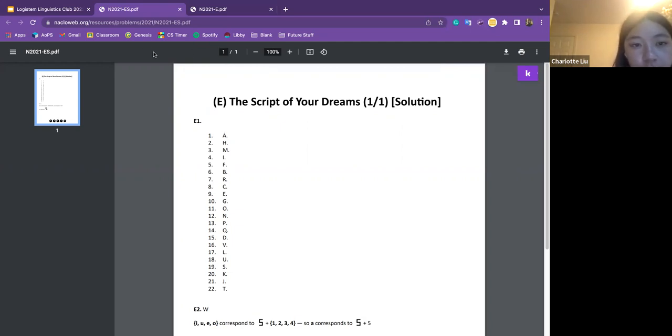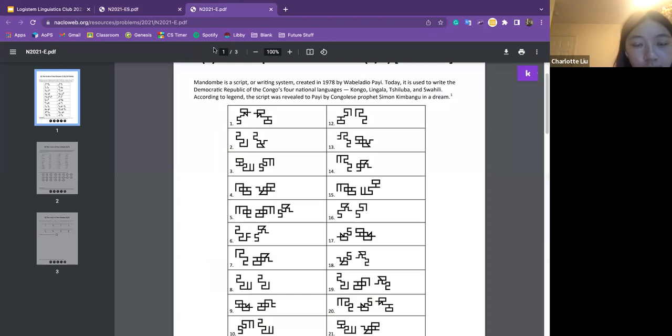Okay, so this problem was really hard because it's hard to tell the difference between the two characters in one word. For example, here in number 3, the first syllable has 3 letters, but it's hard to tell where it is.